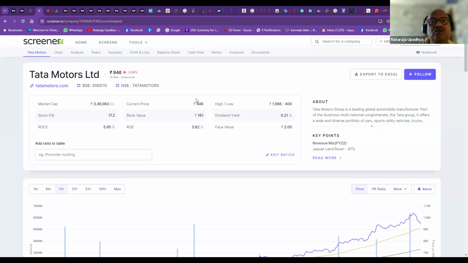Its current stock price is 946. Typically the stock price in a year, low was 400 and high was 1066. So that gives its range on an annual low and annual high basis. Then stock PE, price to earning, is 17.2.